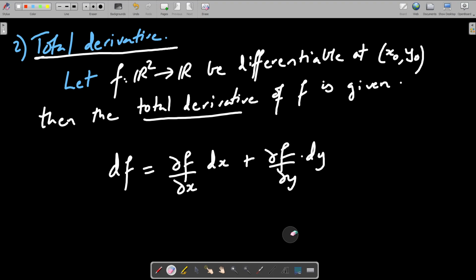So df is written as ∂f/∂x multiplied by dx, added with ∂f/∂y multiplied by dy.